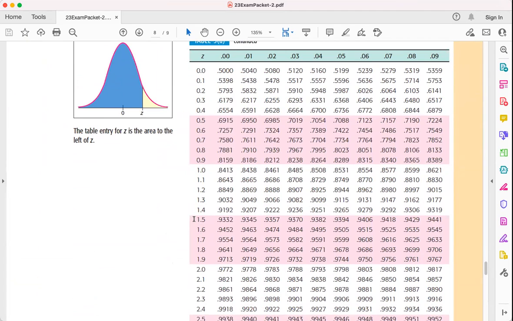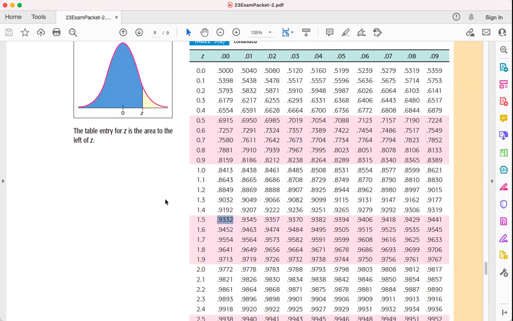The first column is the nearest 10th, so we need the 1.5, and then the nearest hundredth is 0.00. So the area to the left of Z would be this number here, 0.9332.